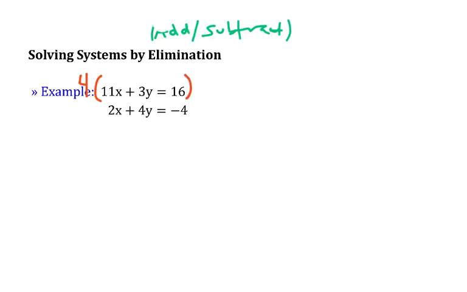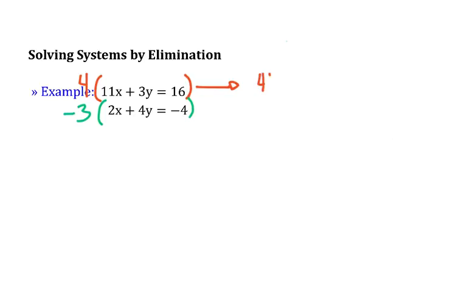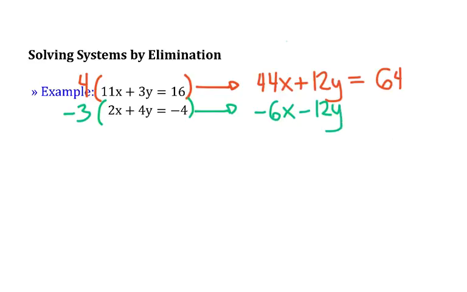For my second equation, I'm trying to get my 4y to look like a negative 12y, so I'll be multiplying my second equation by negative 3. Let's see what we have if we do this much. The first equation multiplied by 4 would give us 44x plus 12y equals 64. And our second equation multiplied through by negative 3 gives us negative 6x minus 12y equals 12.